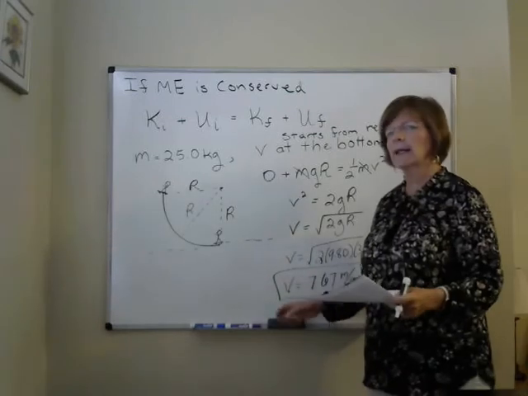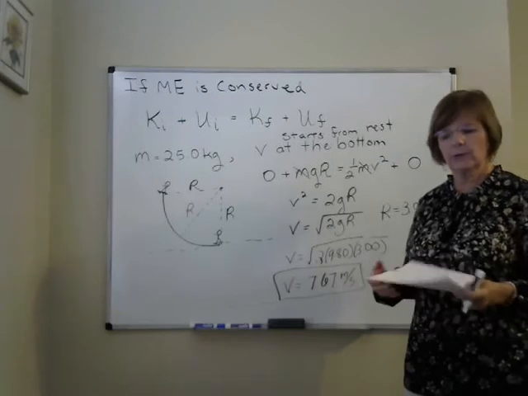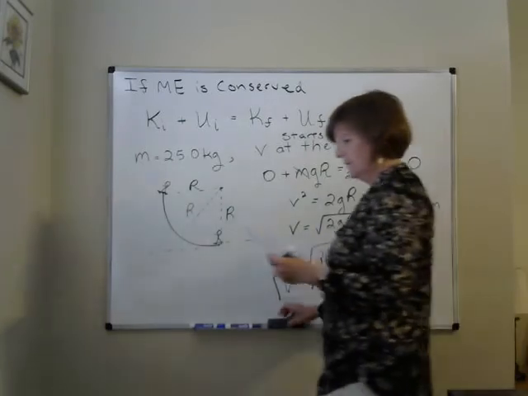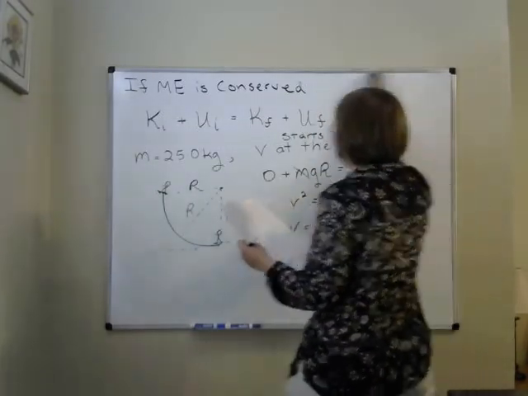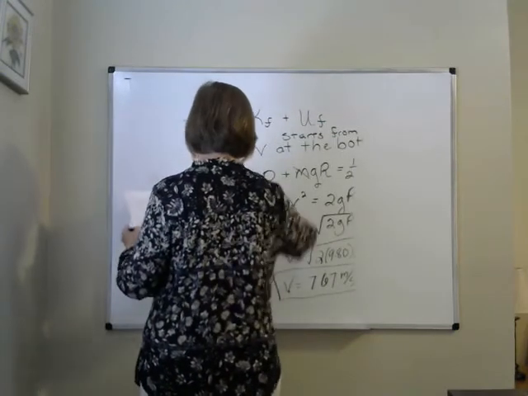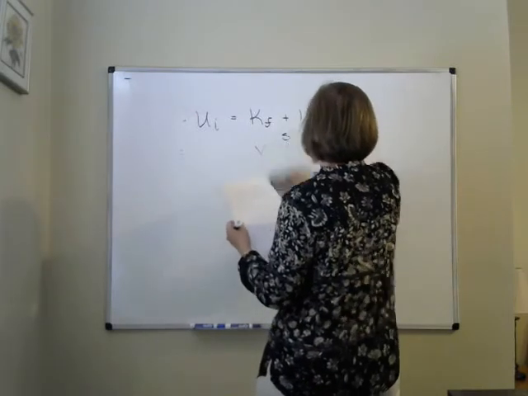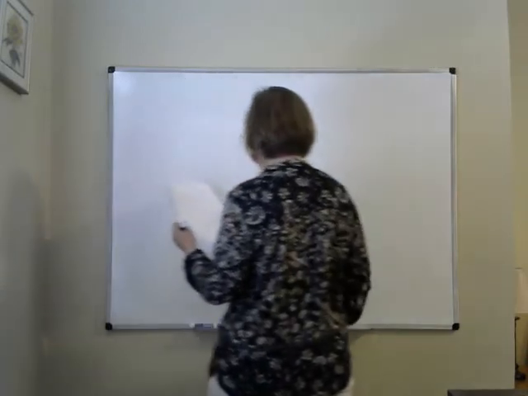Let's do something that also requires us to use elastic forces, because we know elastic forces are another type of conservative force. This one I believe is in your textbook.